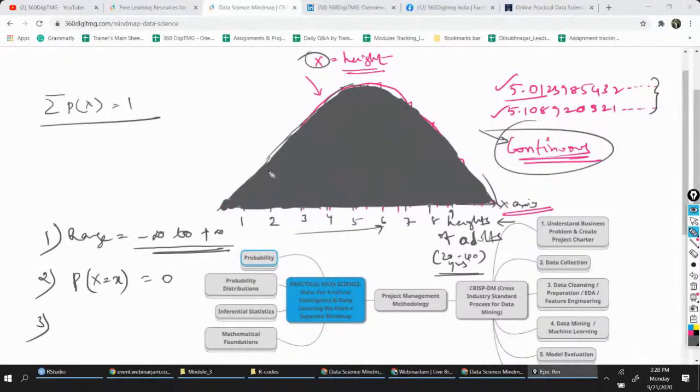You keep drawing lines. When you keep drawing those infinite lines, you get this shaded portion. Sum of all these infinite probability values that you see will be equal to 1. So I can also say area under the curve. Area is nothing but sum of all the lines, right? So area of this bell-shaped curve that you're seeing will be equal to 1.